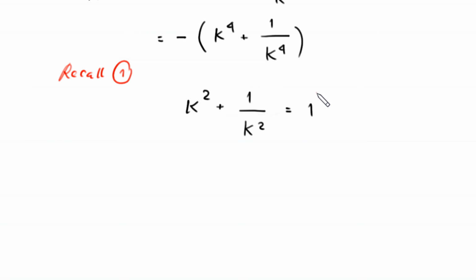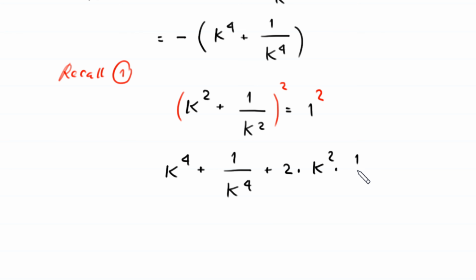We take the square of both sides of this equation. Expanding this expression, this will become k^4 + 1/k^4 + 2 times k^2 times 1/k^2 equal to 1 squared, which is 1.